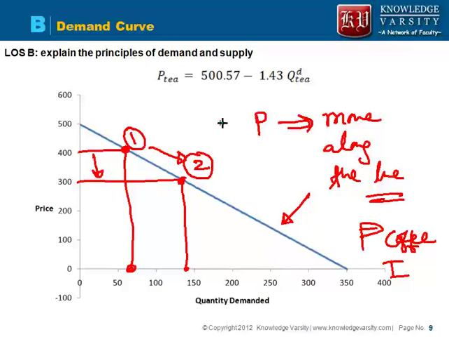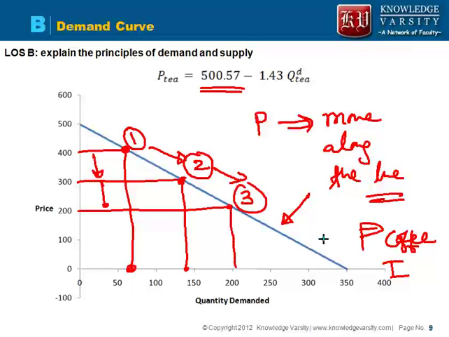In the case of price change, the other factors remain constant. You find this as a movement along the curve, right? From 400, if you make the price 300, you have come to this third point. So this is a movement along the curve that you have, right?